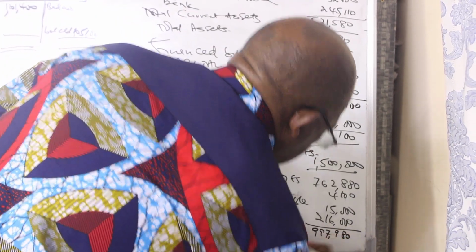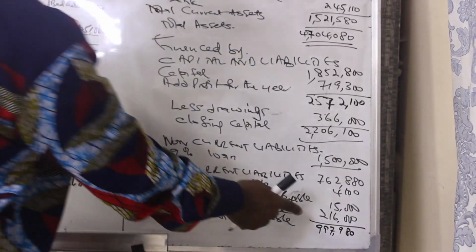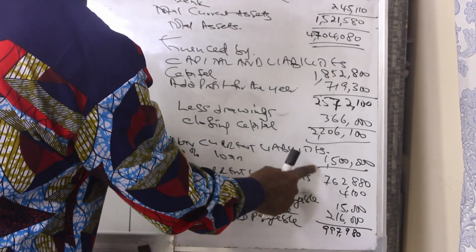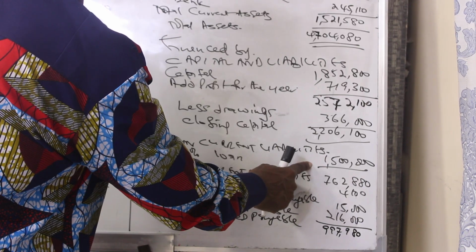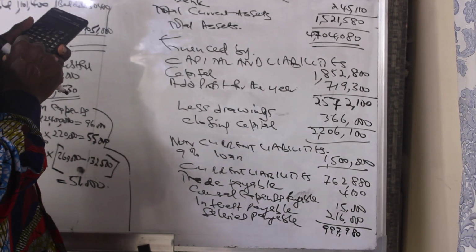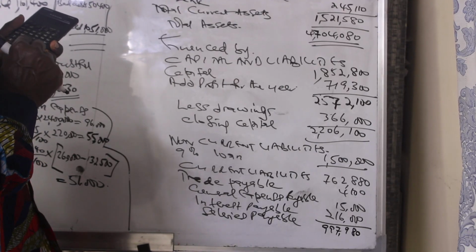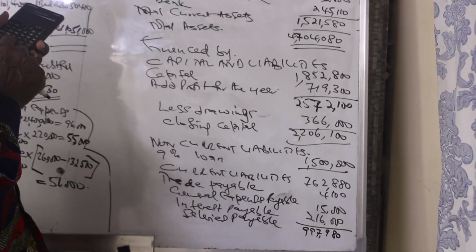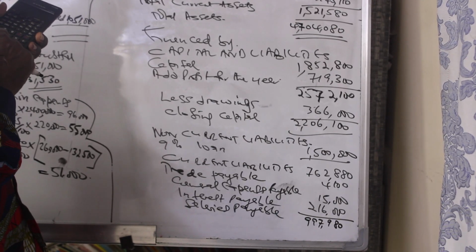997,980 is total current liabilities. Plus the non-current liabilities of 1,500,000 plus closing capital of 2,206,100.